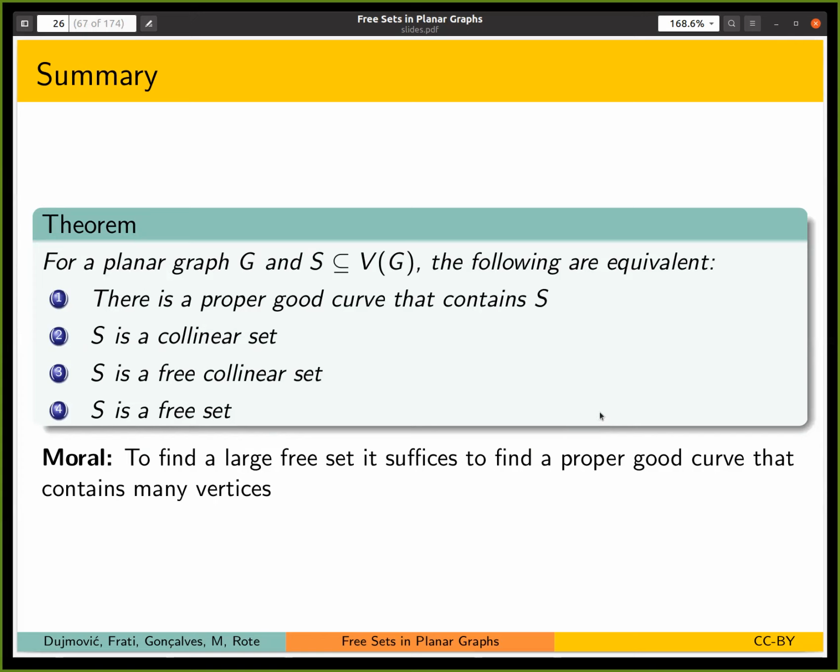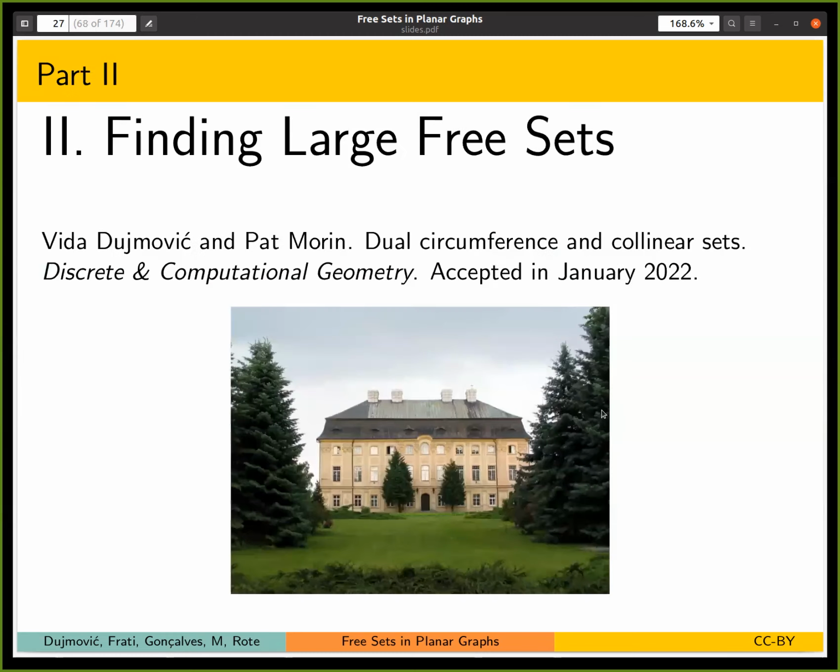It gets away from algebra and geometry. Okay, so the second part is about finding these large free sets, or more precisely now, it's about finding proper good curves that contain a lot of vertices.